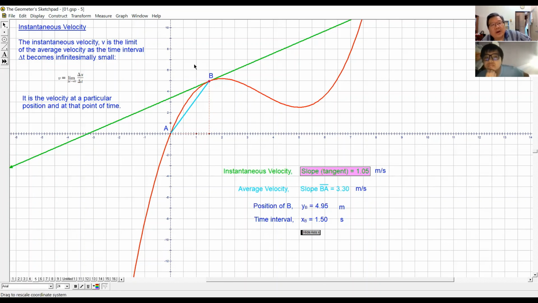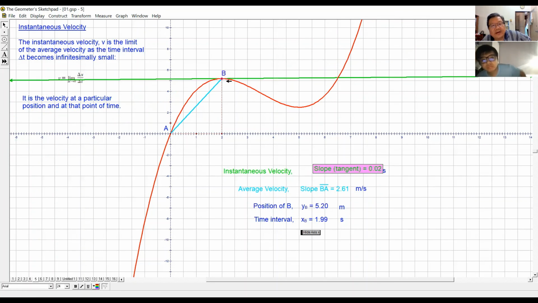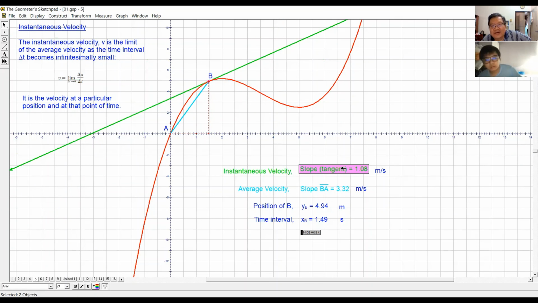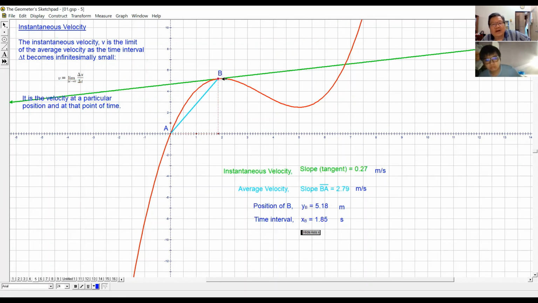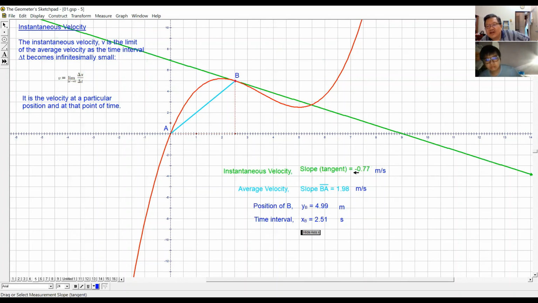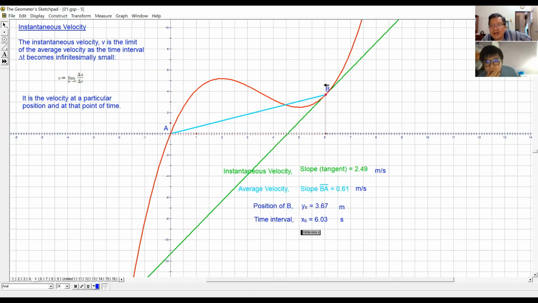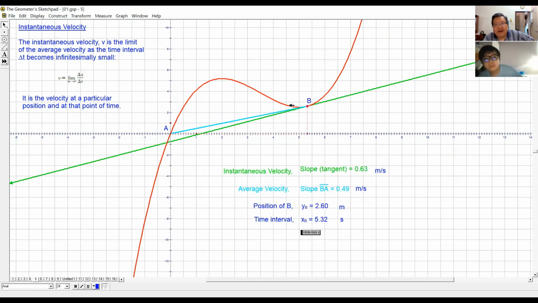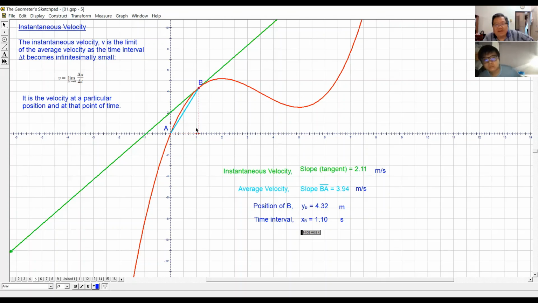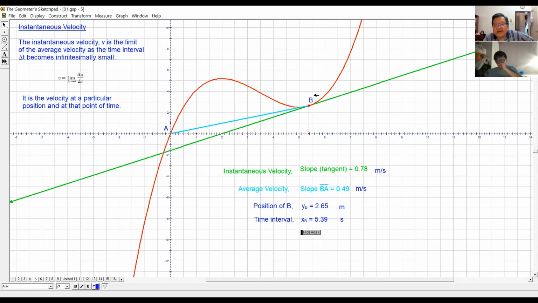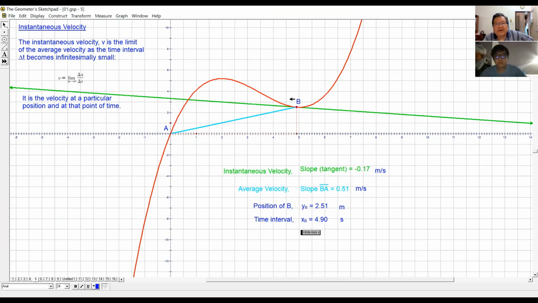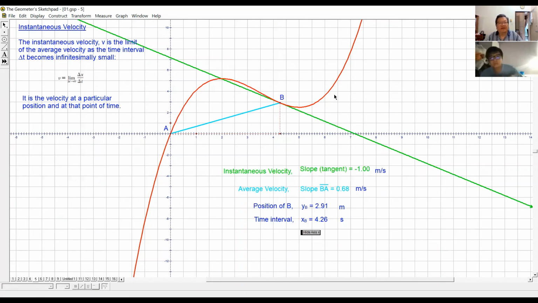So as we go along the curve here, as I move along the curve, you see the instantaneous velocity can be negative. Then as you turn down here, negative, then it becomes zero, then goes up again and becomes positive again. But if you look at the average velocity, which is the blue line, it is always positive. Any question?